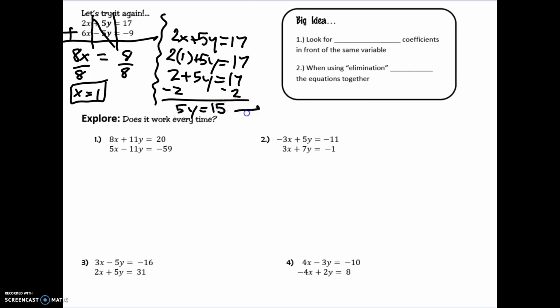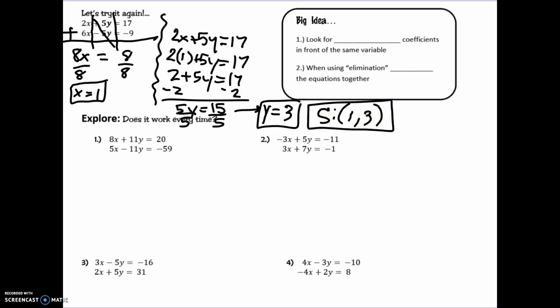And last step, I'm going to divide by 5 to eliminate my coefficient. And I get that, whoops, not x, we're solving for y. I get that y is equal to 3. So my final step is to make sure that I write my answer as a solution. So solutions look like points on a graph. So (1, 3) is my solution to this system.